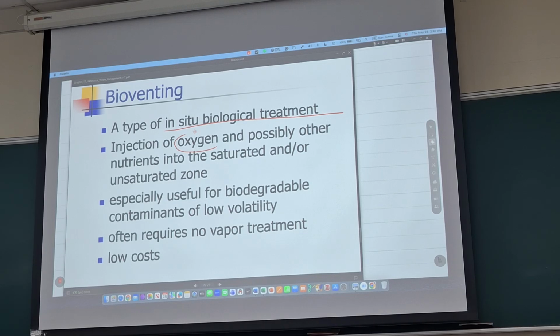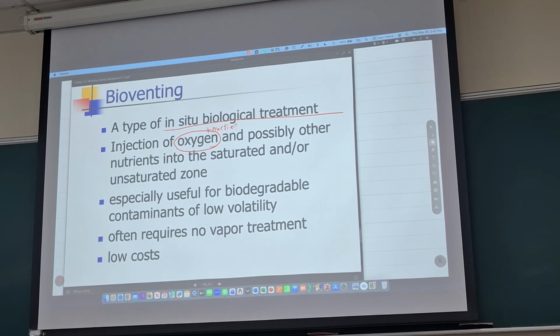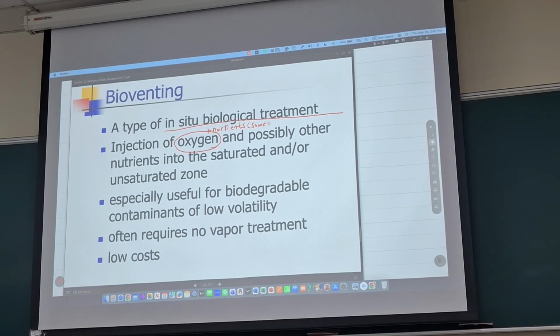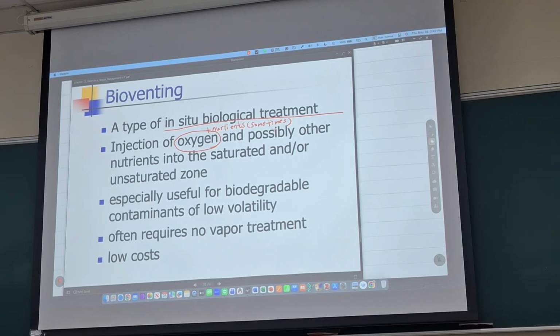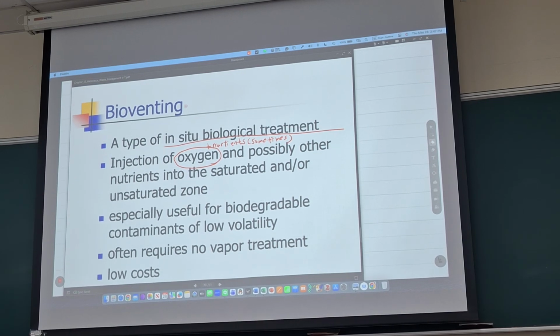We inject oxygen, and sometimes we also inject some nutrients for microorganisms, into the contaminated soil and groundwater. Why?